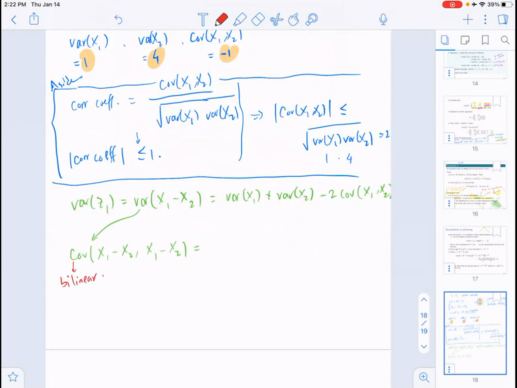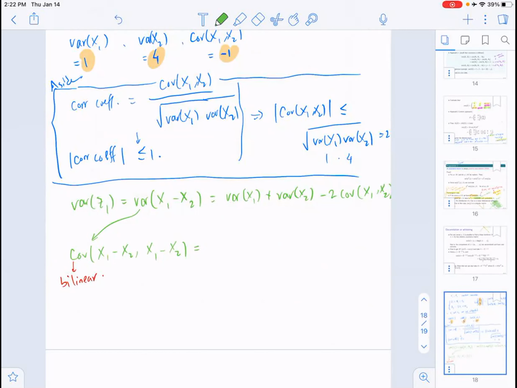Do you remember this term? Bilinear. It came up before. What else was bilinear? Inner product, last time. Yes, inner product is bilinear, and I'm telling you that the covariance is also a bilinear operator. So what does that mean?